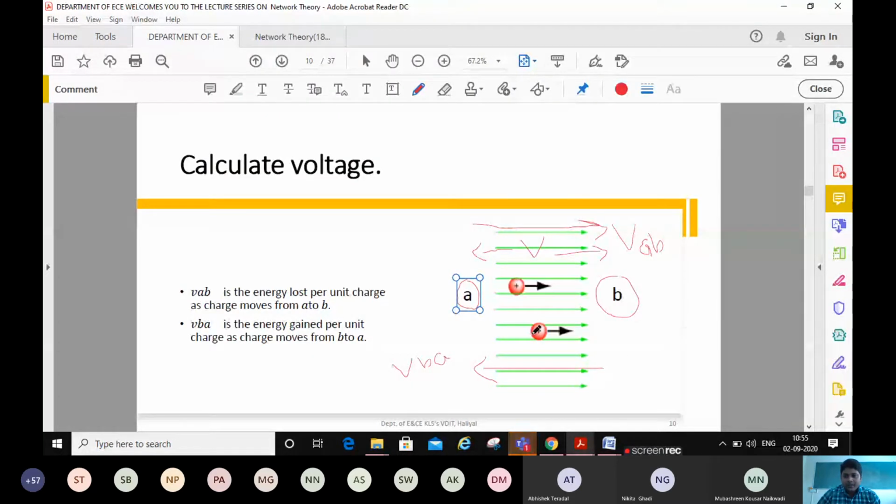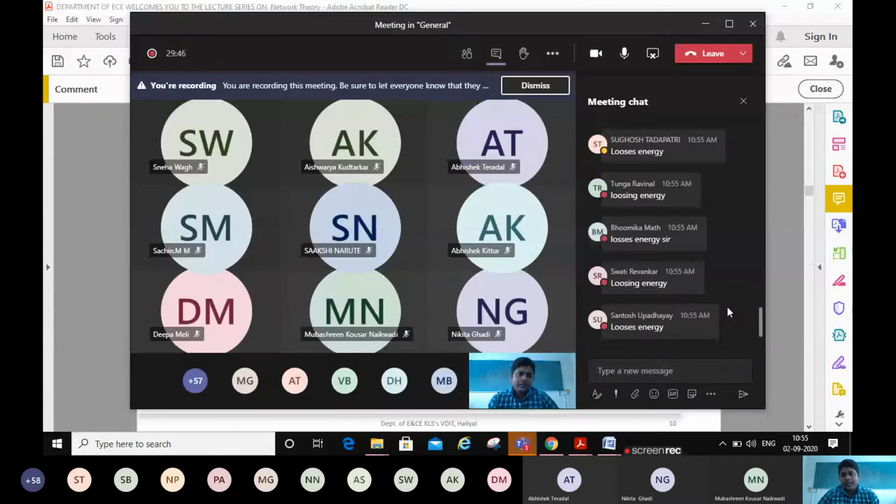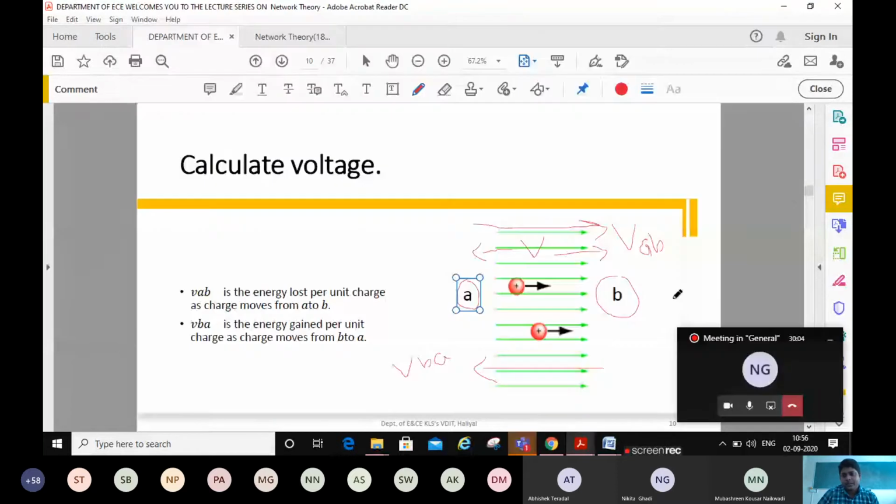In the meanwhile, if the charges are in the opposite direction, they will gain energy. If they are in the same direction, they will lose the energy. If they are in the opposite direction, they gain energy because they have to bypass the other direction and move to the other side. It is very similar to traveling in the opposite direction of the wind: you are gaining energy, meaning you have enough energy.